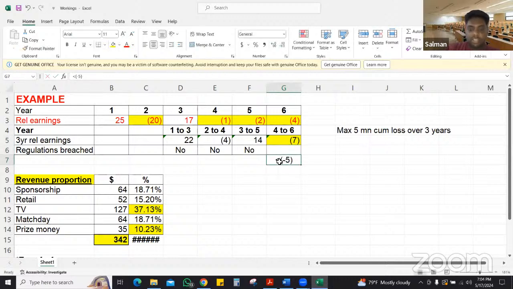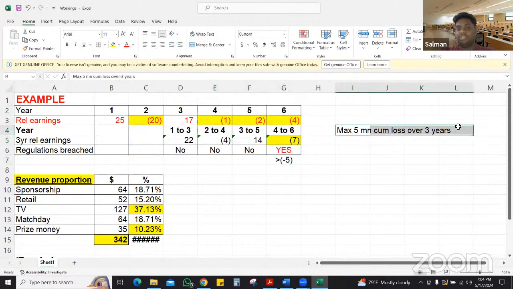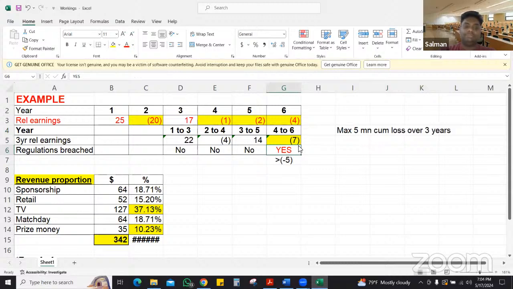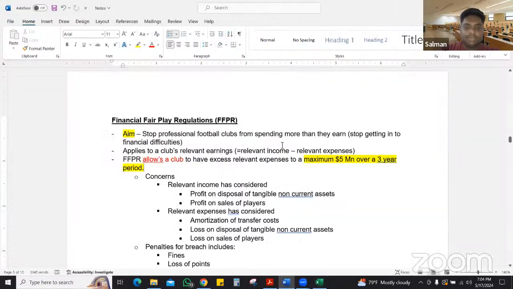So it is a breach. Here, in the 6th year, they have breached the financial fair play regulations, and then the association will come and get involved, telling them that the year 4, 5, 6 cumulative loss is more than 5 million, a 7 million loss. So now you have breached the regulation, right?